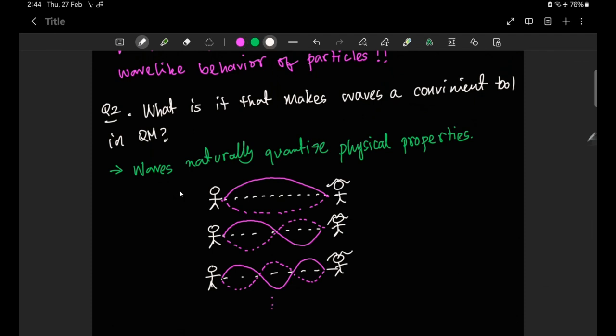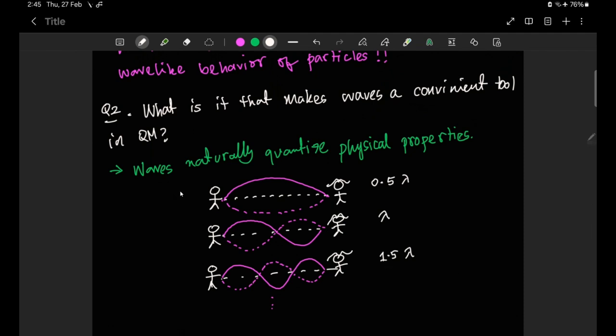So this is half a wavelength. So we identify this to be 0.5 lambda. This is one full wavelength. So this is just lambda. And this is one and a half wavelength. So this is 1.5 lambda, right? So you can never have a 0.75 lambda, or you can never have 0.25 lambda, or you can never have 1.75 lambda.